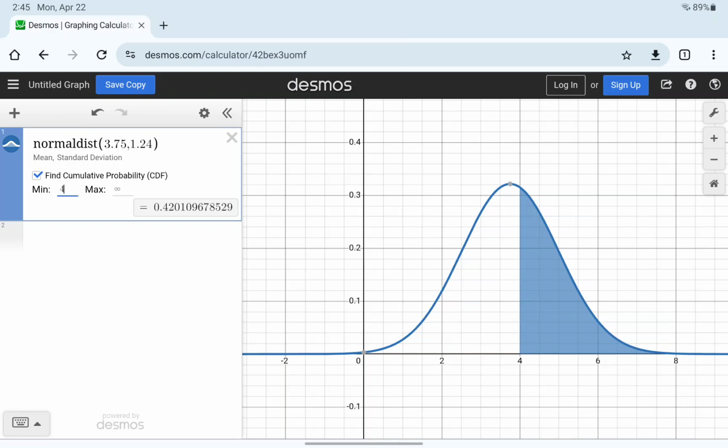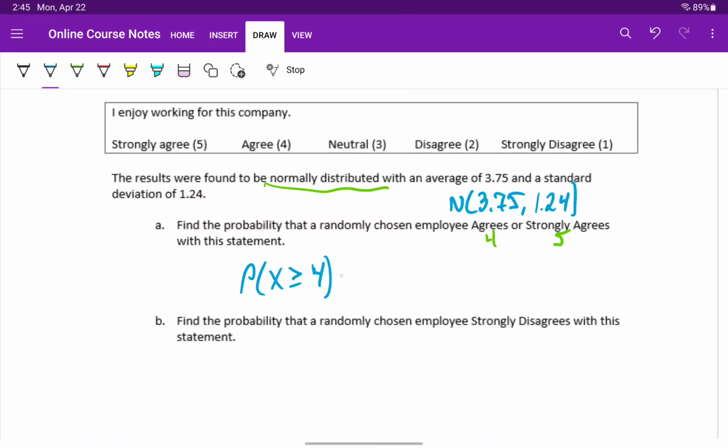And what we get is a probability of 0.4201. Telling us that if that company selects an employee at random, there's a little over a 42% chance that that employee agrees or strongly agrees with the statement that they enjoy working for this company.